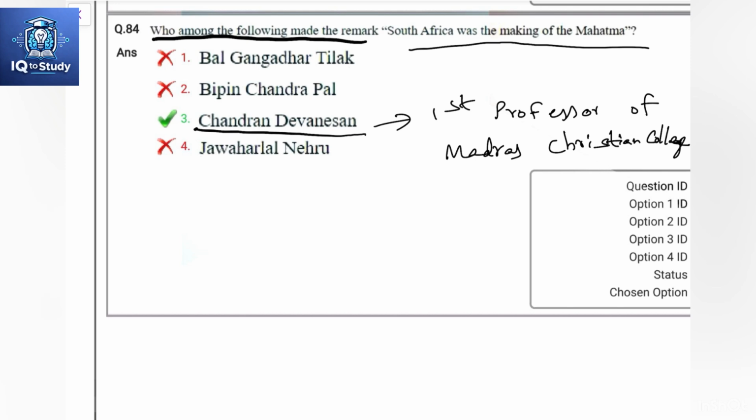It was in South Africa that Mahatma Gandhi first forged the distinctive techniques of non-violent protest known as Satyagraha.